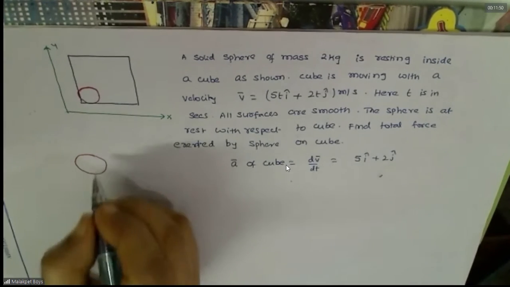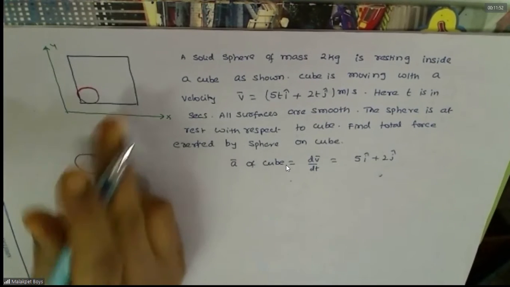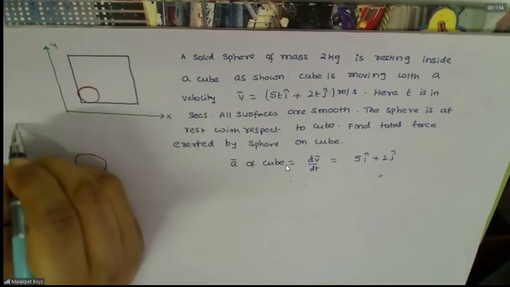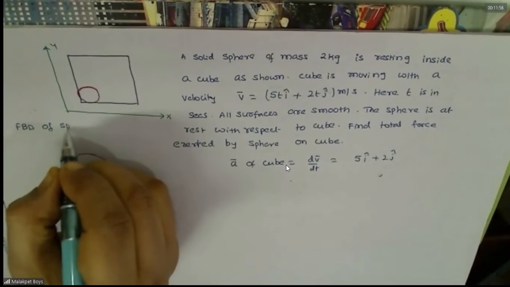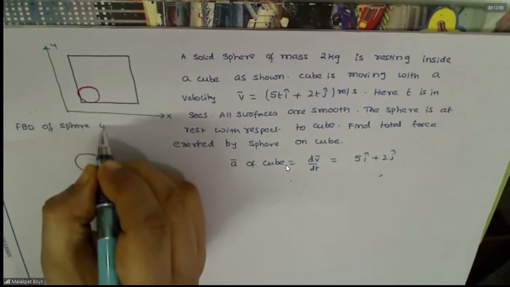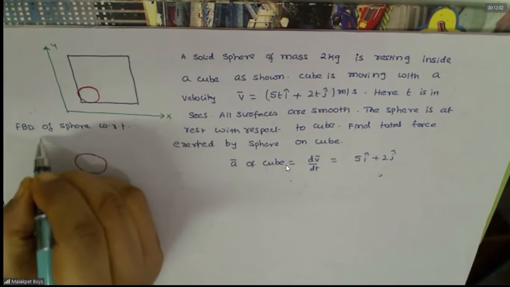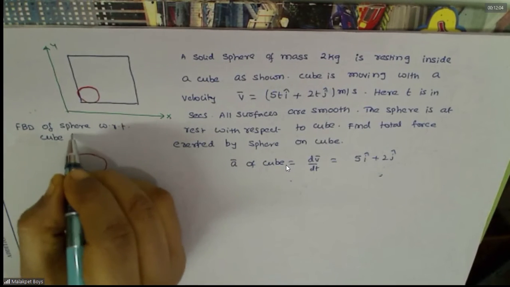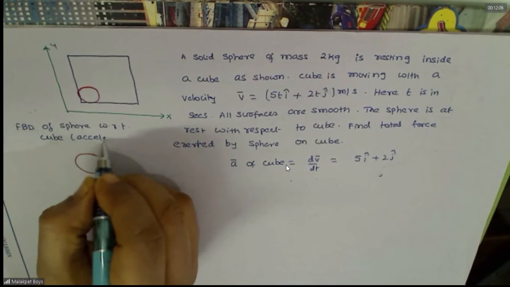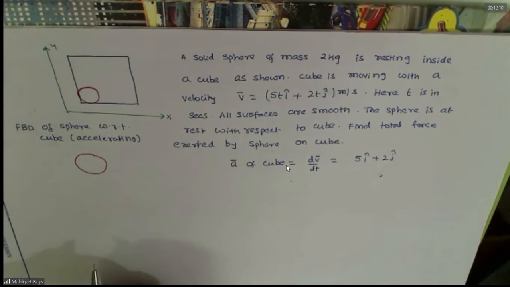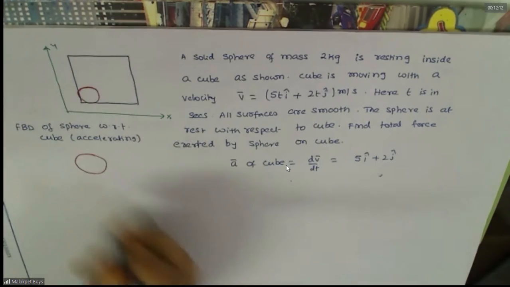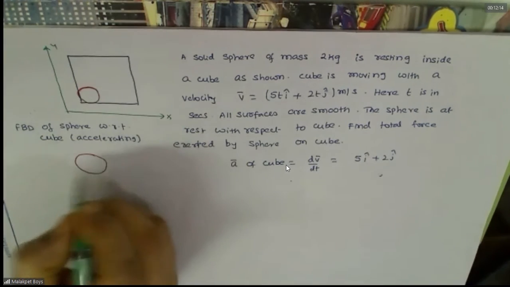So because this is inside, I am drawing the free body diagram of sphere with respect to cube. Cube is accelerating now. So whenever it is accelerating, there will be one force. What is that force called?